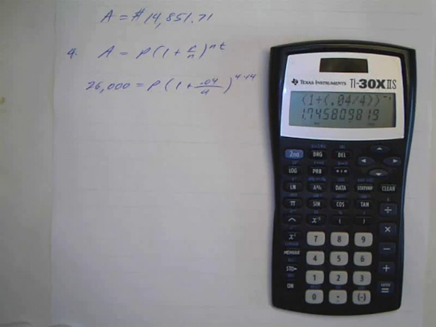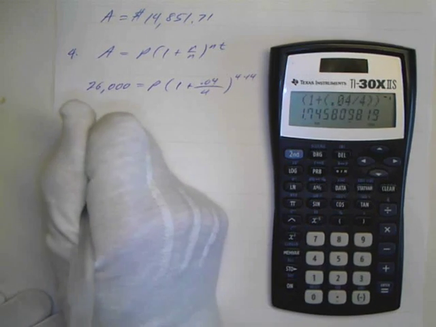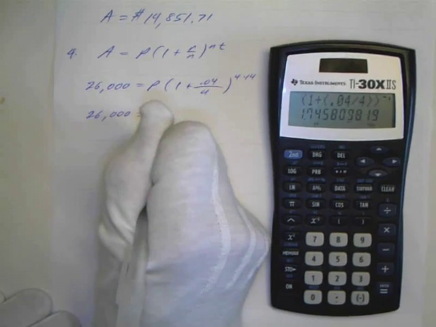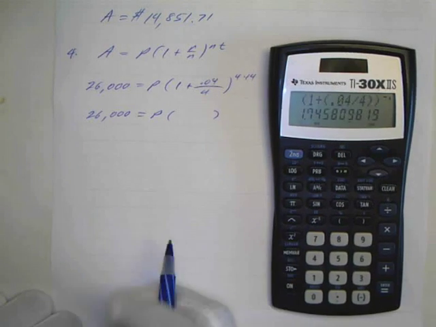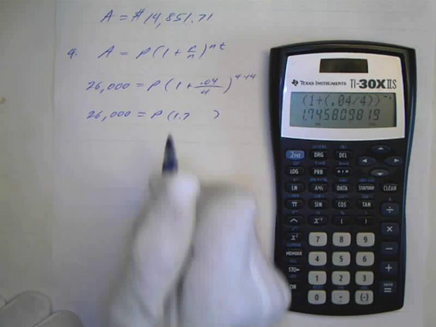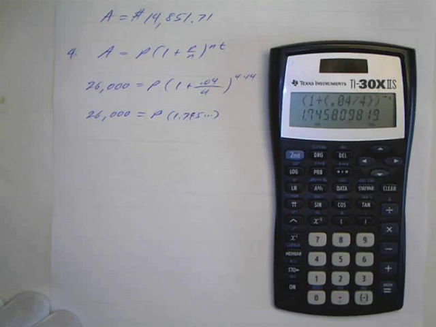Now I'll leave that on your calculator because we don't want round-off error. So now we've got 2,600 equals P times this number, 1.745, and I got all those decimals.